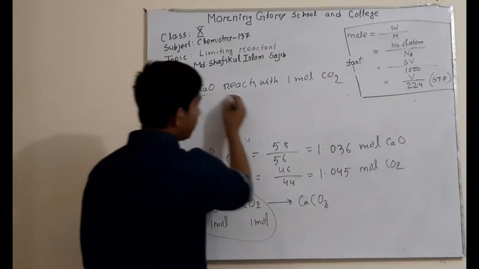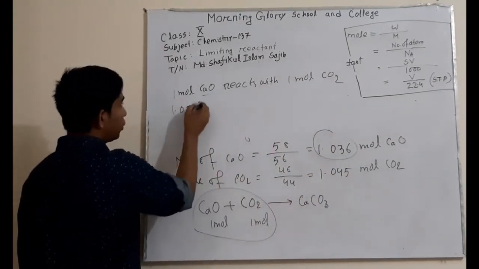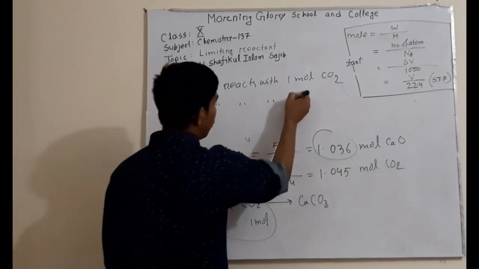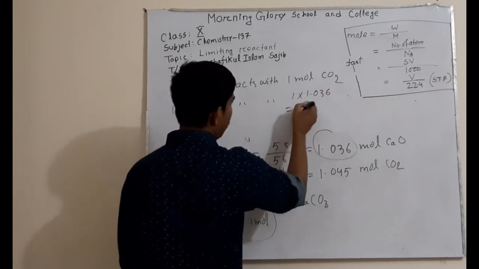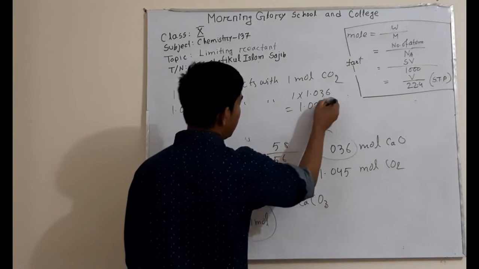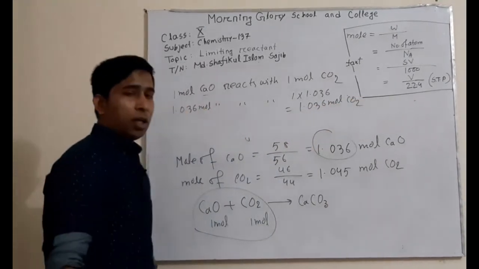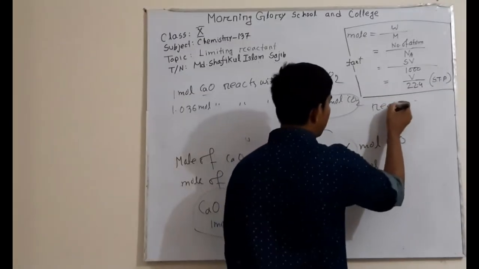Now our calcium oxide provided is 1.036 mole, which reacts with 1 into 1.036. Now we will get 1.036 mole carbon dioxide. This is the required amount of carbon dioxide.